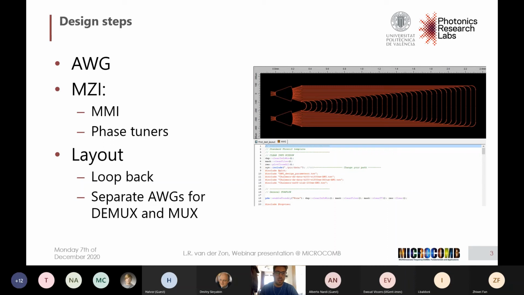Interesting to tell that I also defined the whole PDK with automatic building blocks, for example the AWG, in order to be easily transferred to a different platform. So we will talk about the AWG, the Mach-Zehnders very briefly, and then the layout structures that are possible.